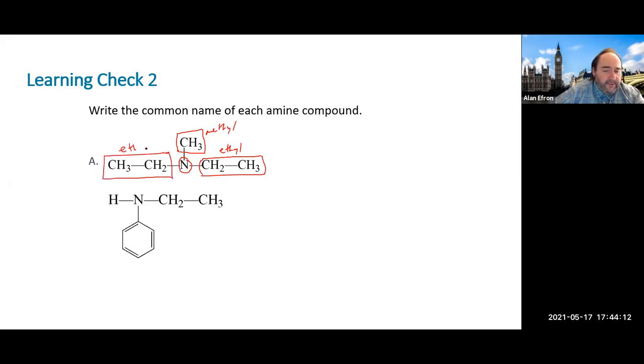So we have a diethyl and we have a methyl. Putting those together would be diethylmethylamine. Now, over here, again, we have our aniline, which is right here, as we just talked about.